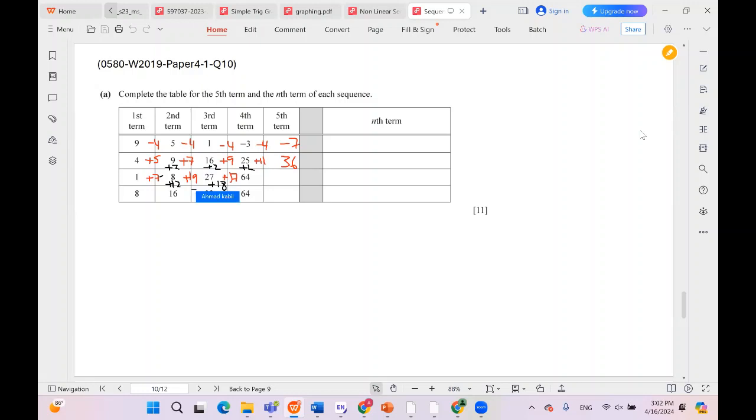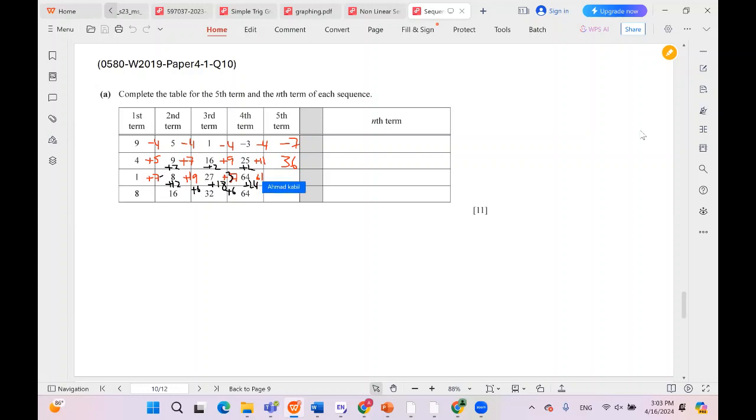So this is a cubic sequence because the first two layers did not work, so probably the third layer will. So if you add plus 6 here, 18 plus 6 gives you 24. So if you add 37 to 24, you get 61. So we're going to add 61 here.